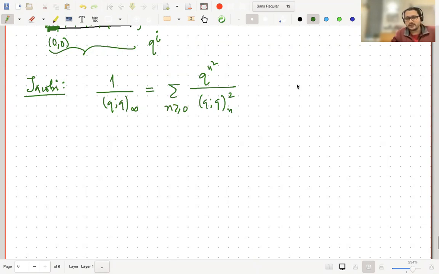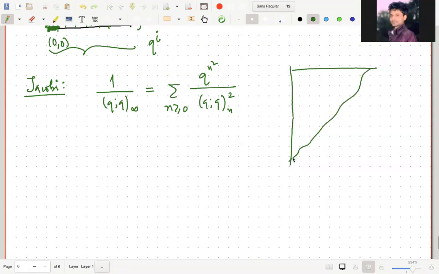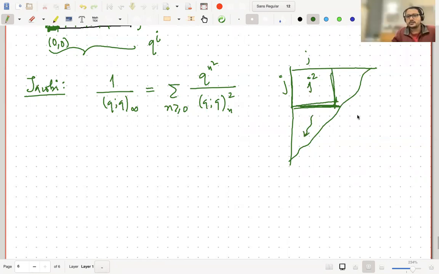And how are we going to find this quantity as a generating function? For any partition that we have, we can make the largest square, which is called the Durfee square. So this will be the Durfee square. If the size is j by j, then the number of squares is j squared, and whatever is below this Durfee square will be a partition, and whatever is to the right of this Durfee square will be another partition.